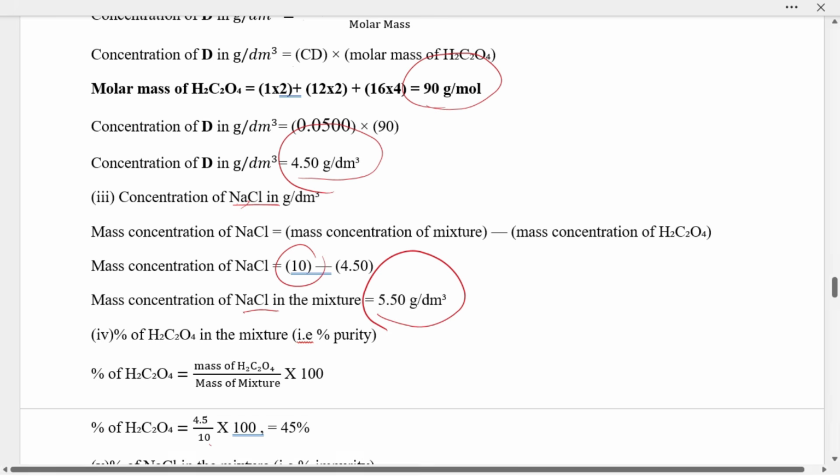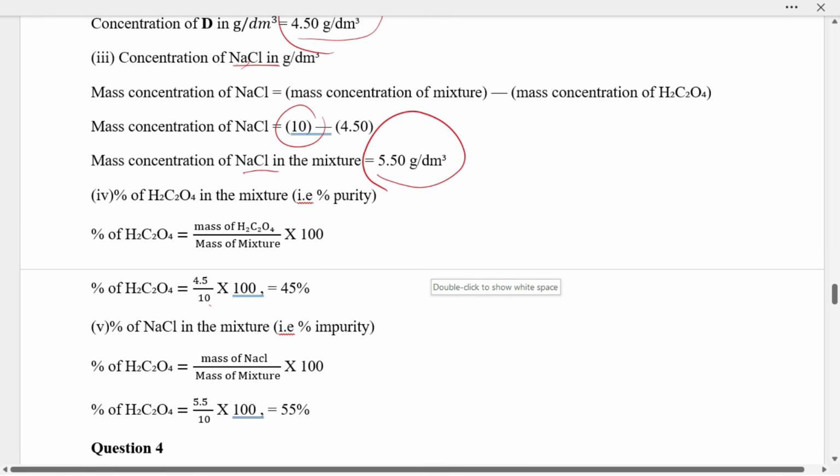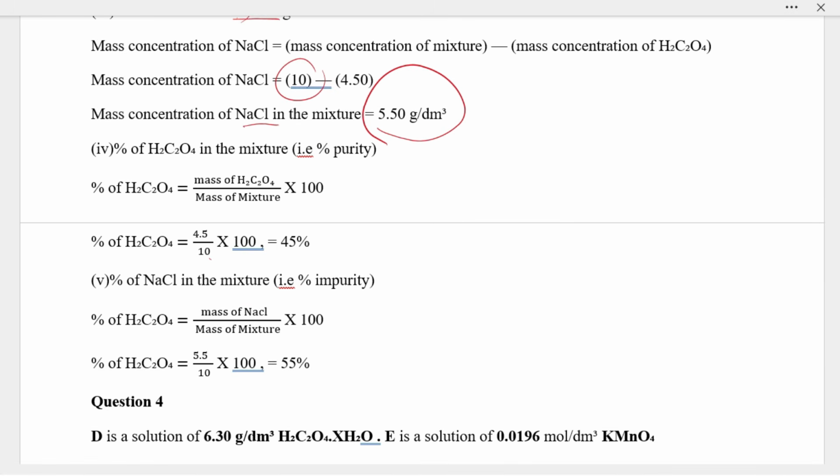Just like you calculate your purity, that's pure over impure, multiplied by 100. So 45% is the purity value of this experiment. For sodium chloride, it's going to be the mass of sodium chloride over the total multiplied by 100. It gives you 55. Or if you don't want to stress, a very smart student can say 100 minus 45 will give us what? 55%, which is the percentage of impurity.